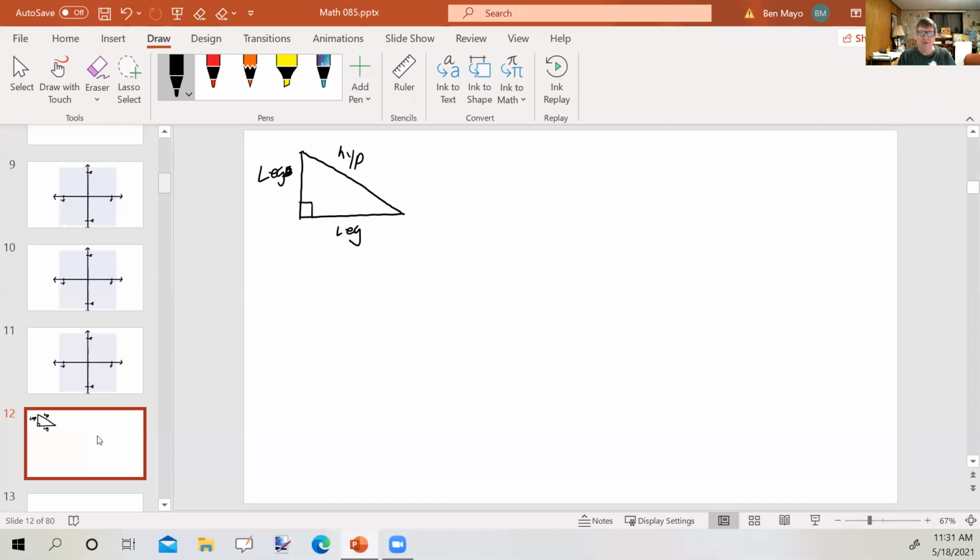So we've got the legs. Now, typically, the hypotenuse is labeled as C, and the two legs are labeled A and B. It doesn't matter which leg is A and which leg is B, but the hypotenuse has to be C. When it is labeled like this, the following formula is true: A squared plus B squared equals C squared.